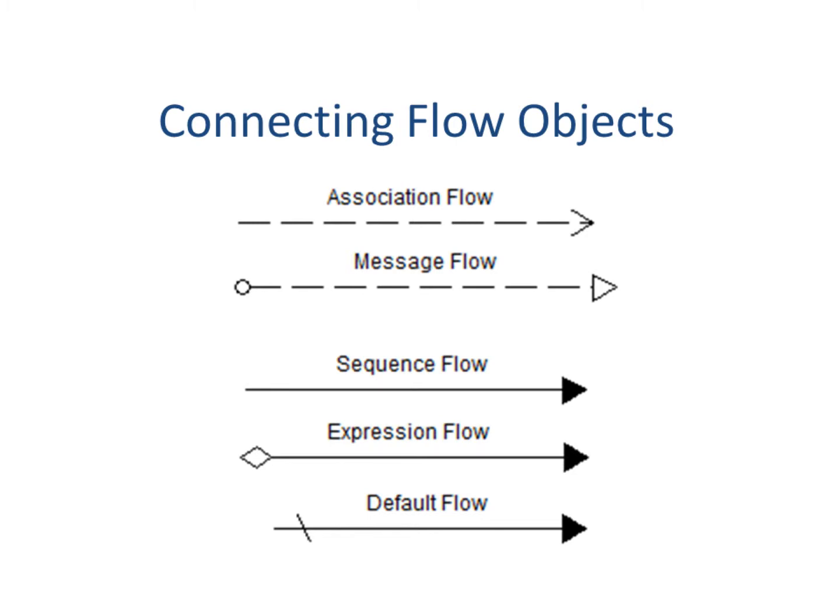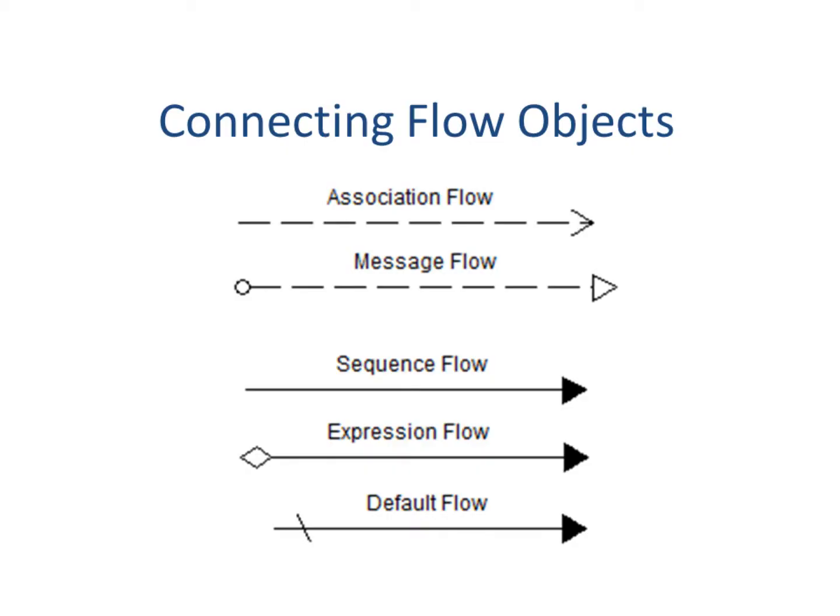For data-based exclusive decisions or inclusive decisions, one type of flow is the default condition flow. This flow will only be used if all of the other outgoing condition flows are not true at runtime. The default sequence flow will have a diagonal slash at the beginning of the line.